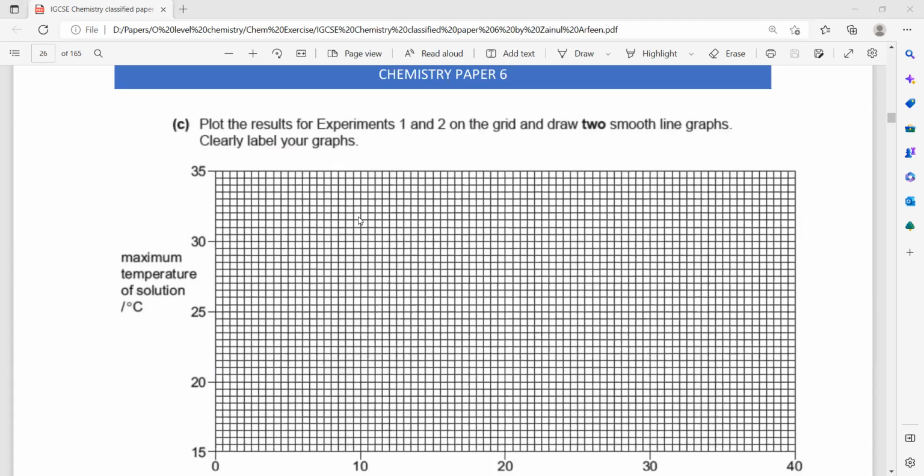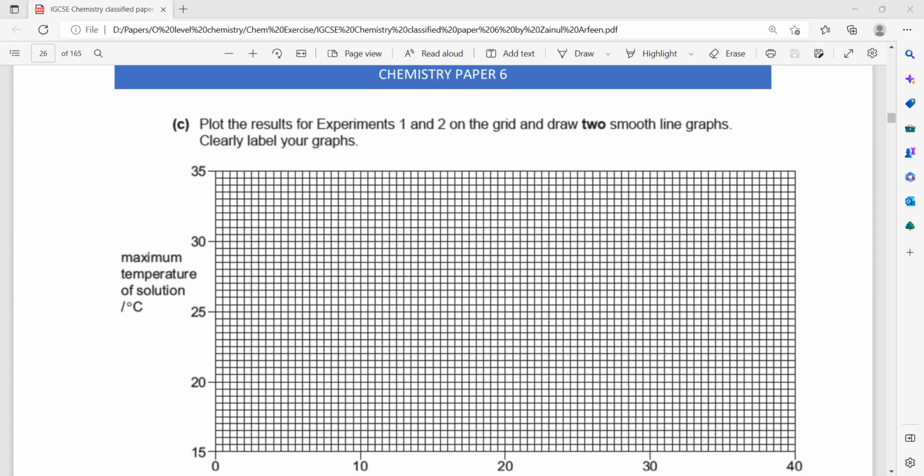Then plot the results for experiment 1 and experiment 2, draw two smooth line graphs and clearly label your graph. When they ask to draw a smooth line graph, we don't need a ruler here. We just have to join the points and draw best fit smooth lines.